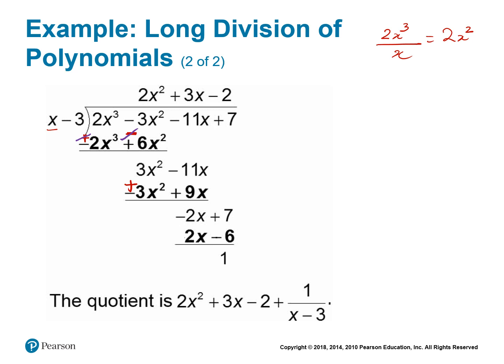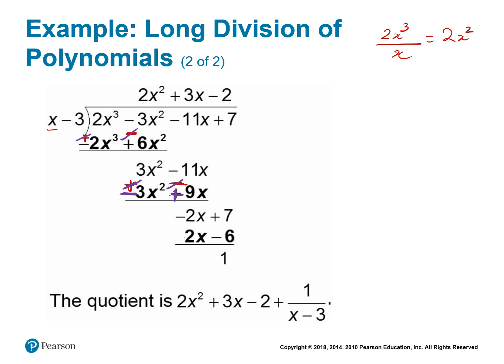When we do the multiplication, at that point it was minus 9x. But then when we do the subtraction, we have to change the sign. So I'm going to cross out the plus and put the minus, and cross out the minus that was previously with 9x and change it to a plus.